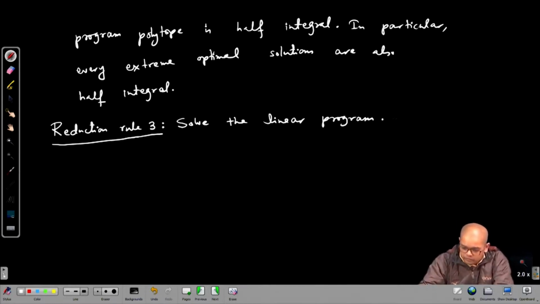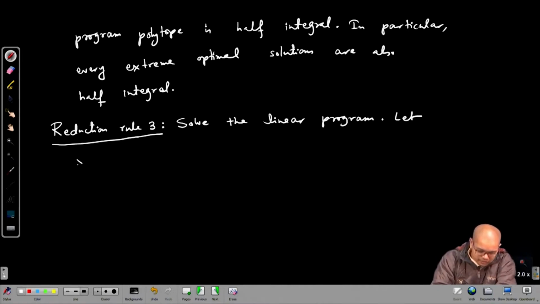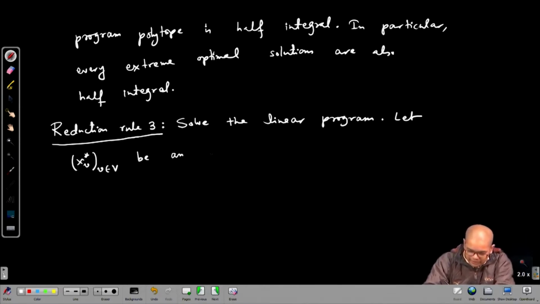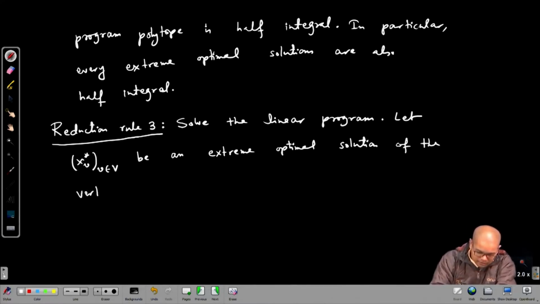Solve the linear program. Let x star v, v in V be an extreme optimal solution of the vertex cover LP.